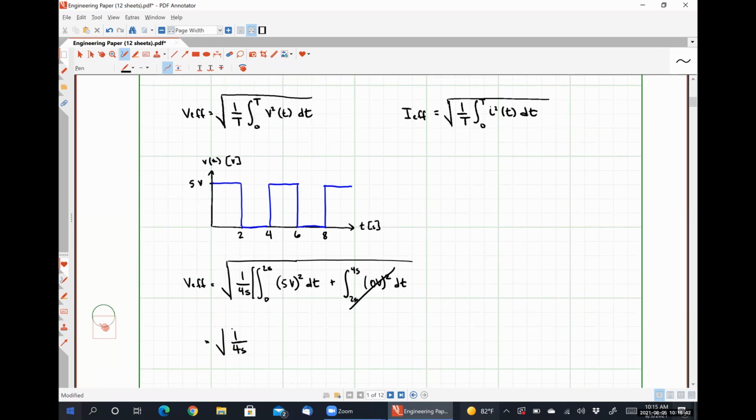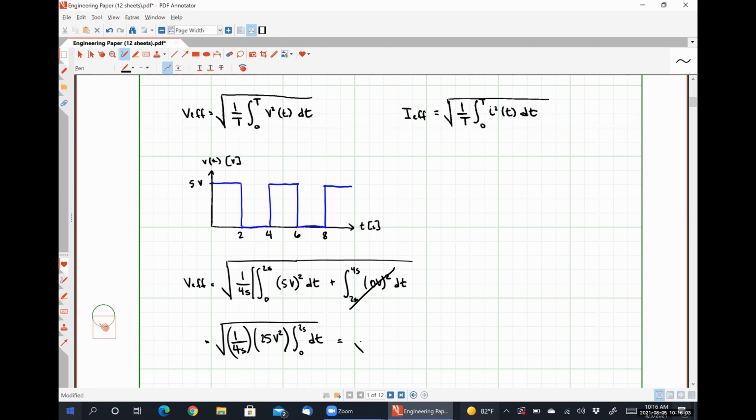Scrolling without my desire. 1/4 of a second. Then we're going to have 25 volts squared. And then we have the integral from 0 to 2 seconds of dt, right? Since our voltage is a constant value, that's pretty easy.